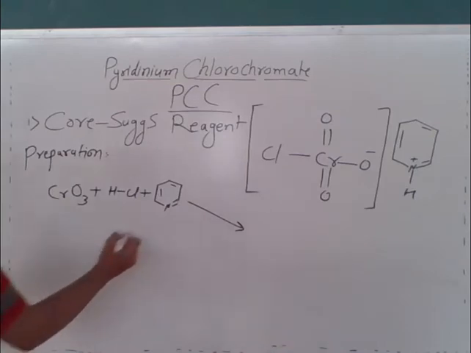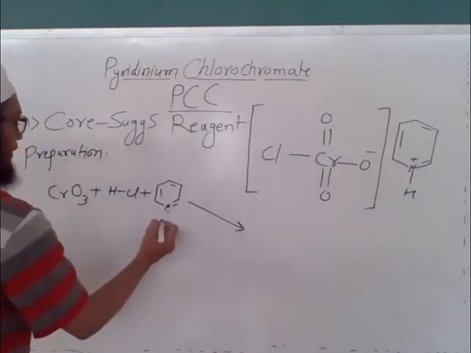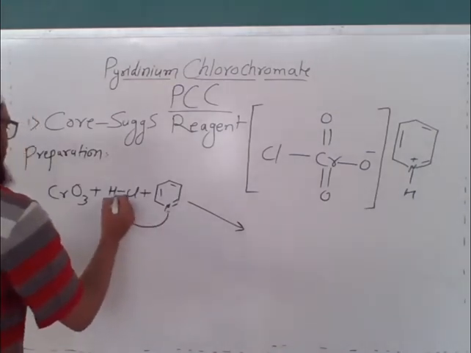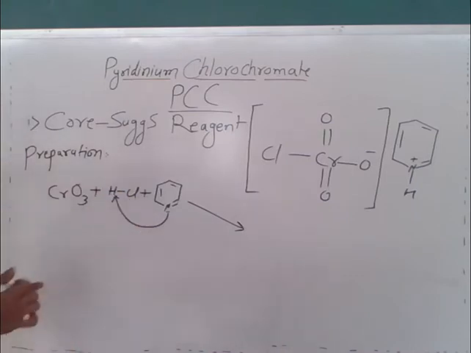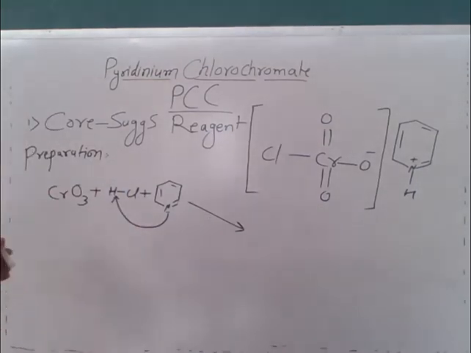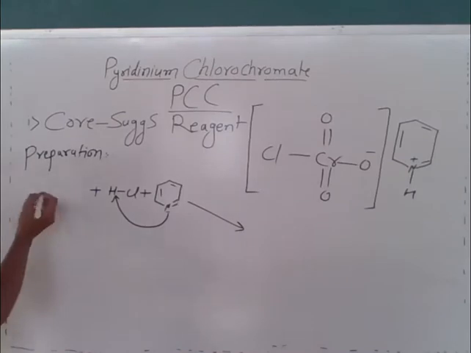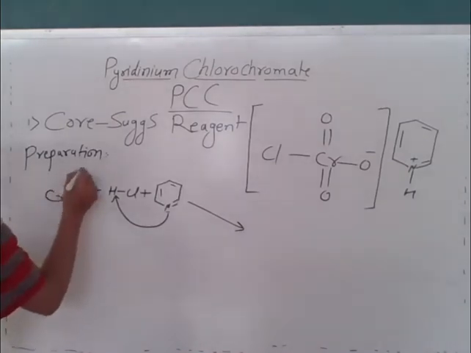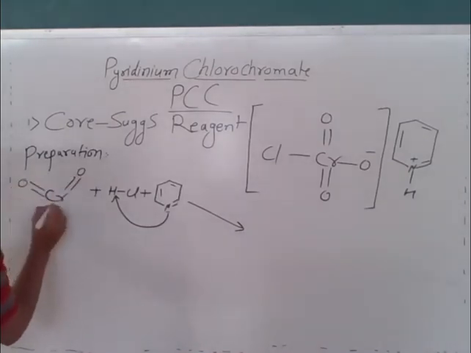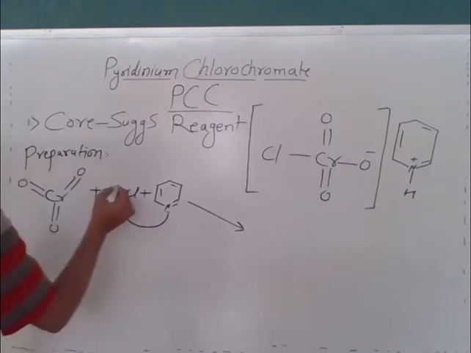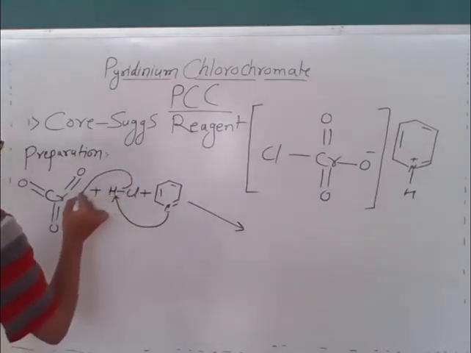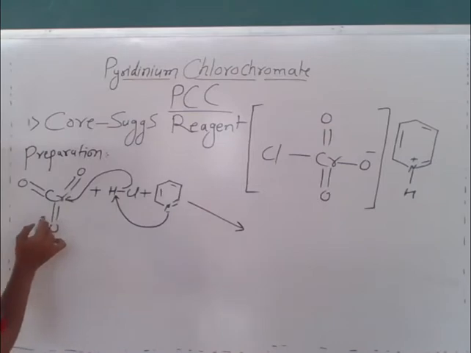Just look here. This nitrogen of pyridine will abstract one proton, and I will show you this chromium trioxide with expanded formula. Let me write here. This is our chromium. It has double bond O, double bond O, double bond O. This chloride ion will attack on this chromium, and one of the chromium-oxygen bonds will shift towards oxygen.